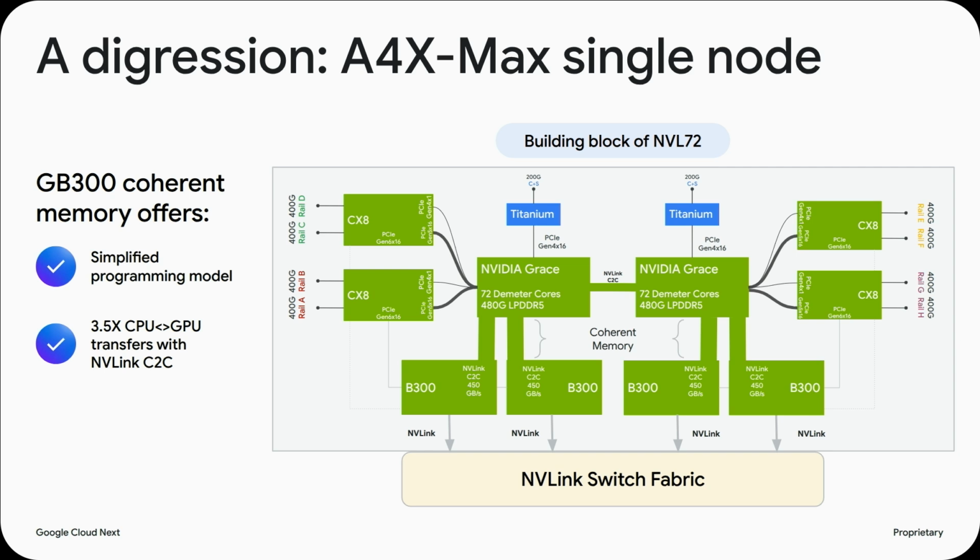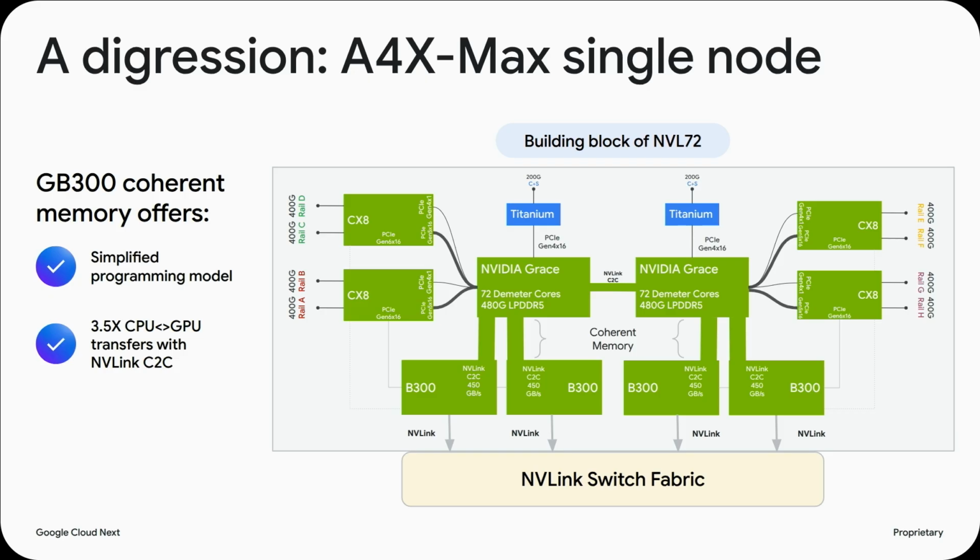This means it's a simplified programming model for programmers, so you can use standard malloc and free to do memory transfers between the CPU and the GPU. And because it's NVLinked, you can go 3.5x faster compared to PCIe. So you get pretty high interconnect bandwidth.